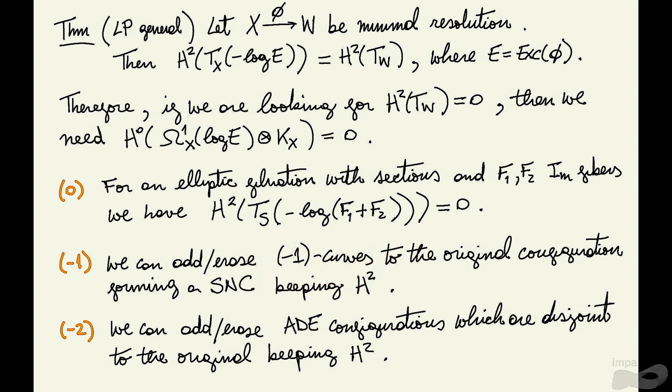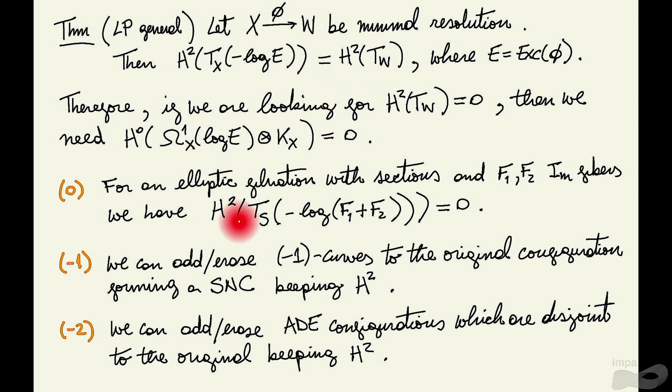Okay, so you start with this, and now we have these 2 principles. So if you add a -1 curve to the configuration, so think about this in this way. You have these 2 fibers, and you want to add some rational curves and try to do blow-ups to construct these Wahl chains. But I want to keep this obstruction 0. So how to do that? You know, if you just add some rational curves that have some other self-intersection, not -1, then maybe the obstruction is not going to be 0 anymore.